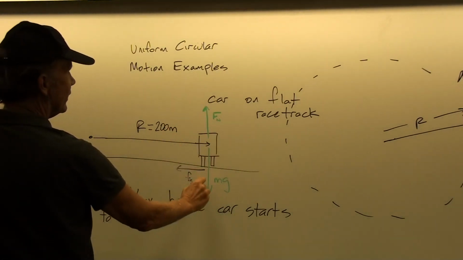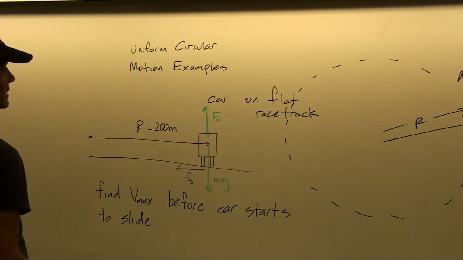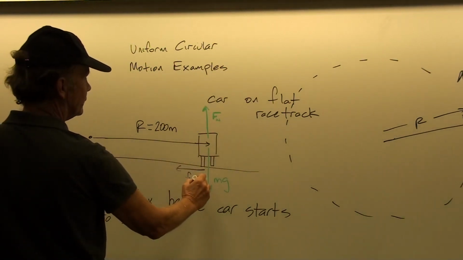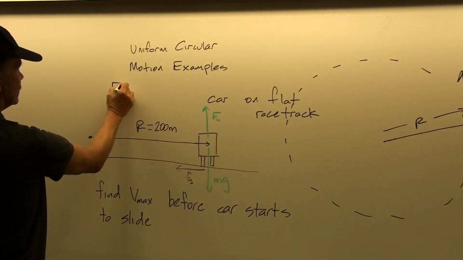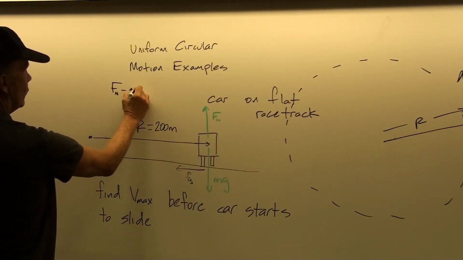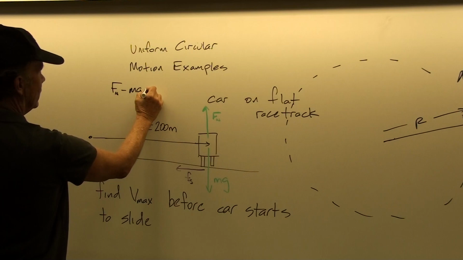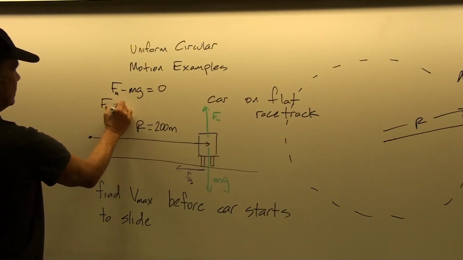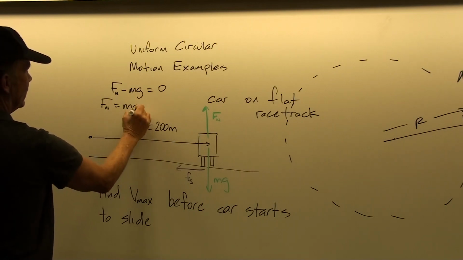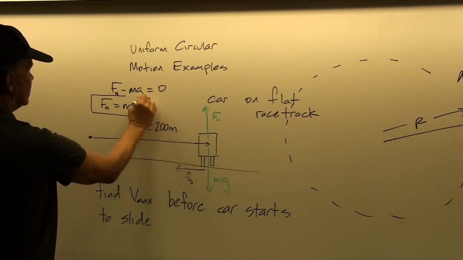In the vertical direction, the sum of the forces is 0, because the normal force is balanced out by the weight. So F normal minus mg is 0, or, as we've seen before, the normal force is equal to the weight.